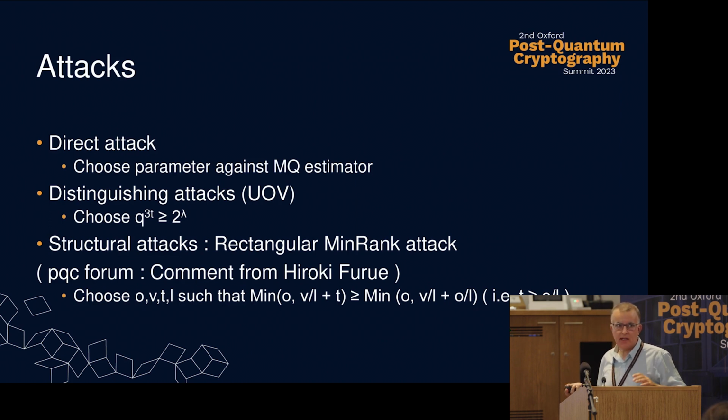And the fact is that if the vector you have chosen is random, then the rank of this matrix is, in fact, this value. It has, let's say, O over L plus V over L lines. So since it's random, it should be its rank.